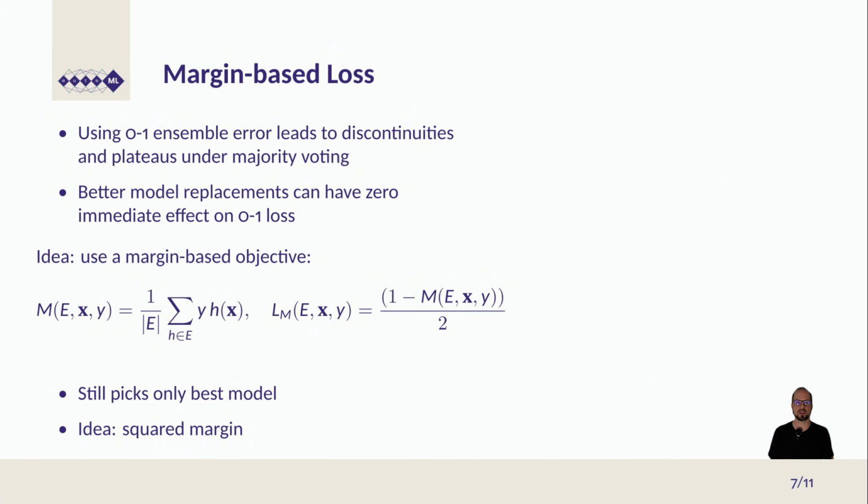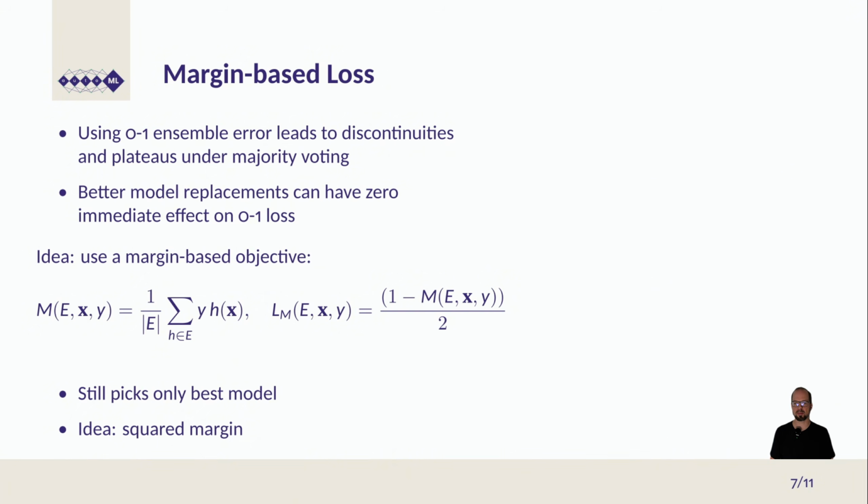Now, one thing to consider here is that using the 0-1 ensemble loss, which is the accuracy, leads to discontinuities and plateaus when using majority voting that are hard to model with the Gaussian process. So in practice, we want to have a different loss function that takes this into account. And in order to do that, the authors introduced a margin-based loss. So basically, they take the ensemble and they penalize it by how far the prediction is off from the margin that separates the two classes from each other.